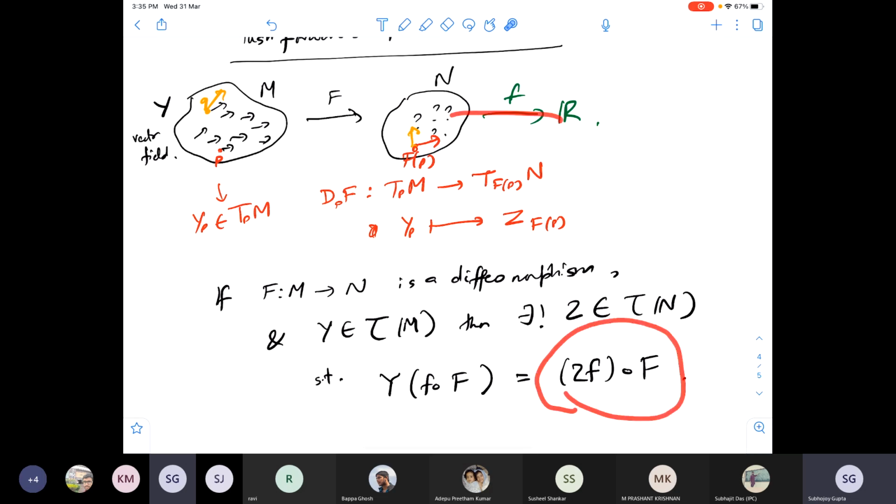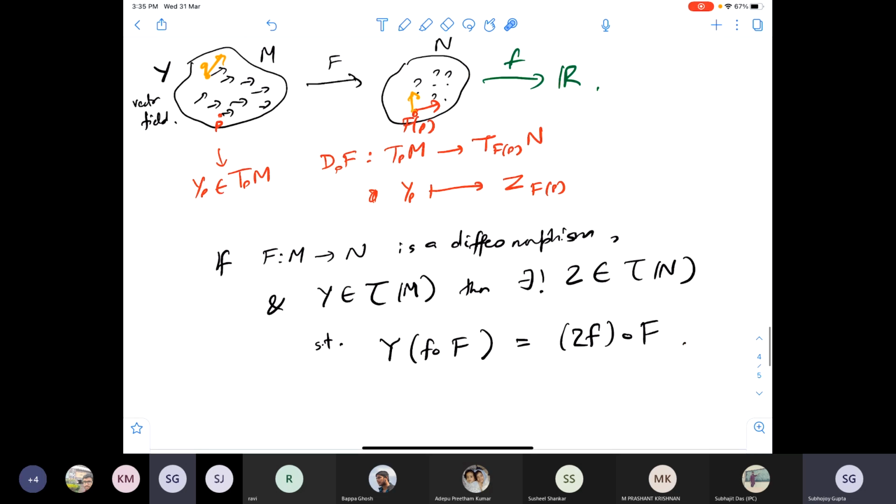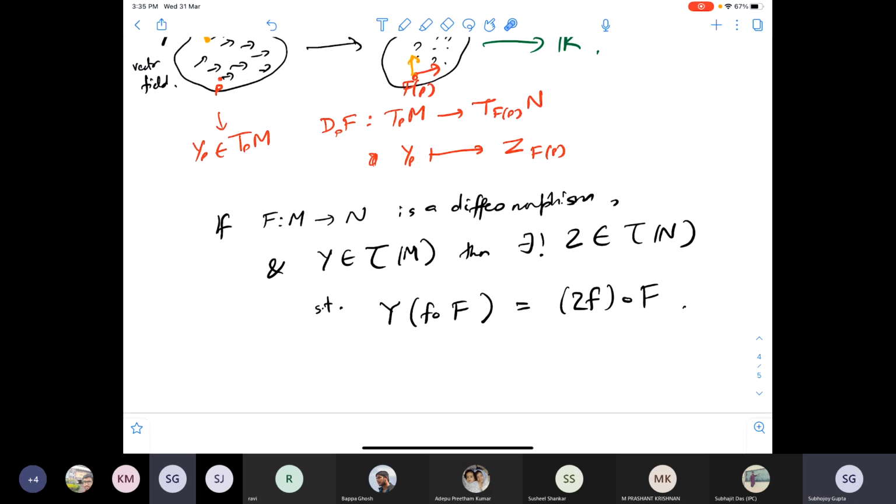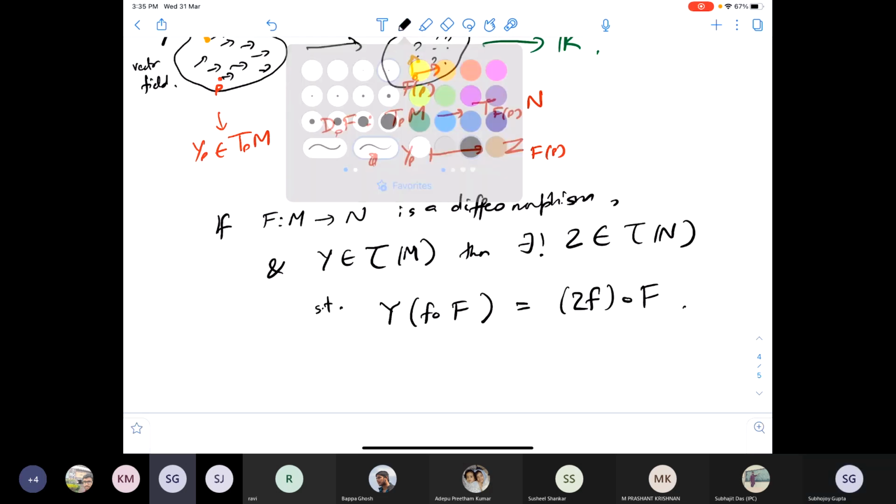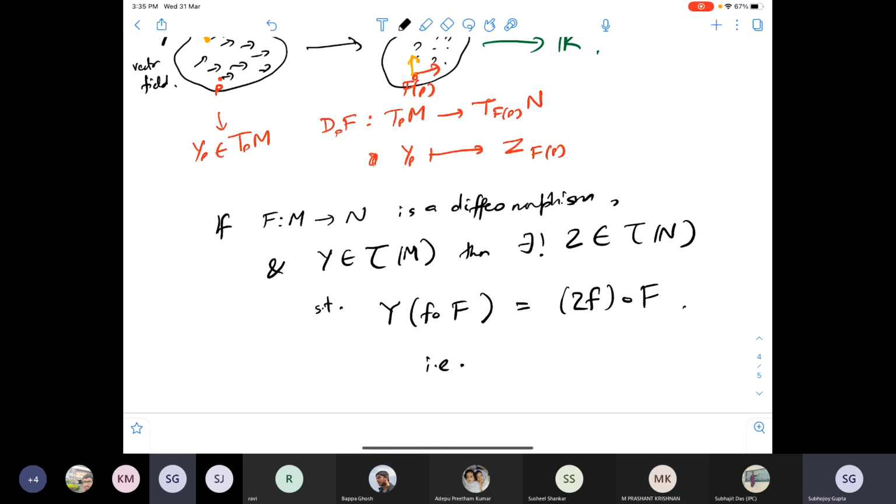So there's some kind of nice composition rules, satisfied by this. And if you think about it, this only happens if what I just said takes place. So if the f star of, or df, I sometimes call the derivative f star, of Yp, the vector Yp is Z of fp.